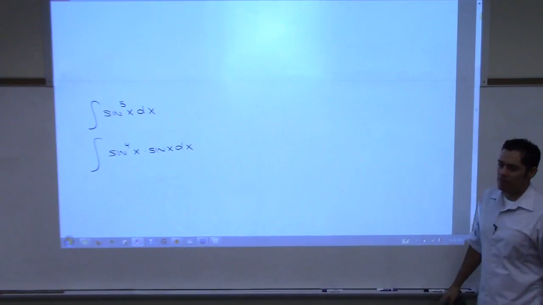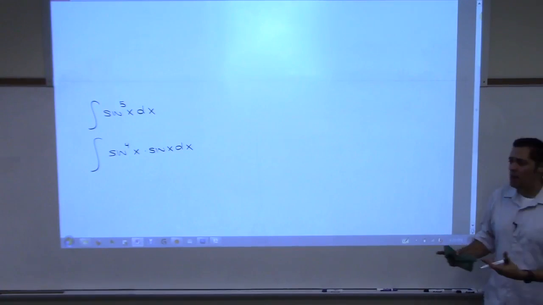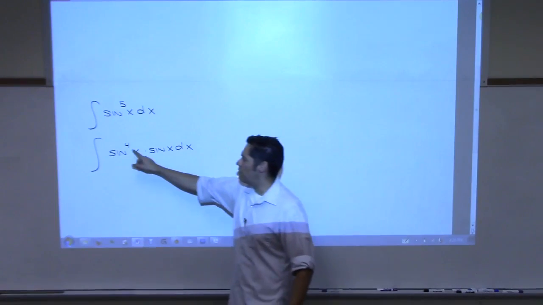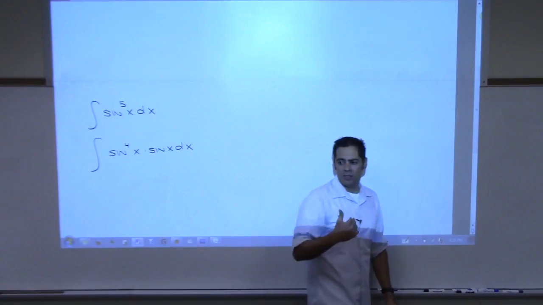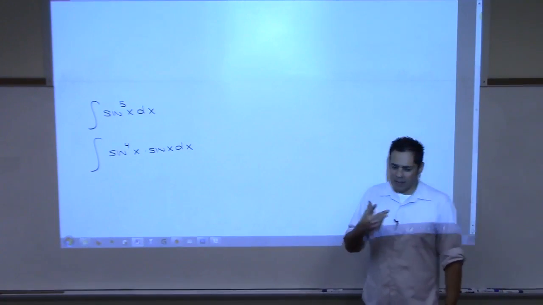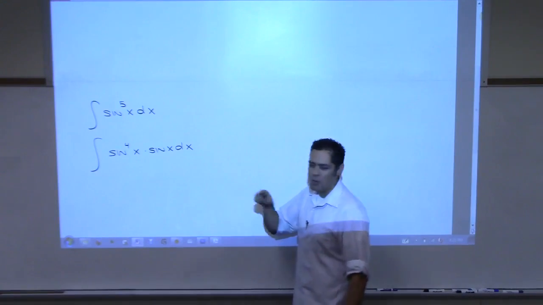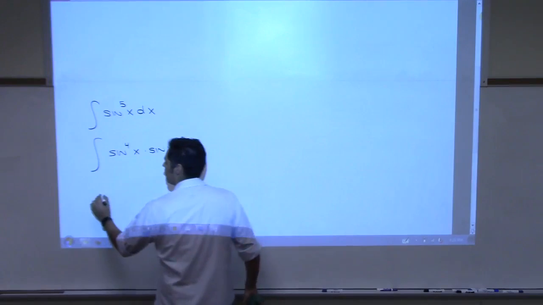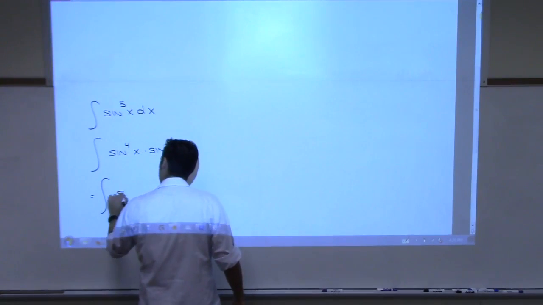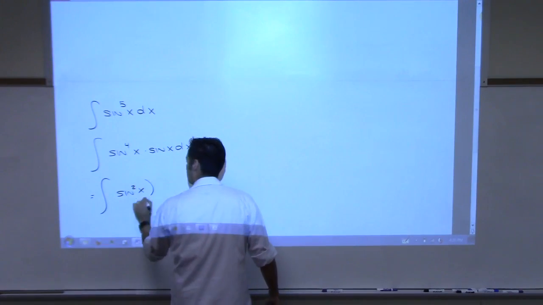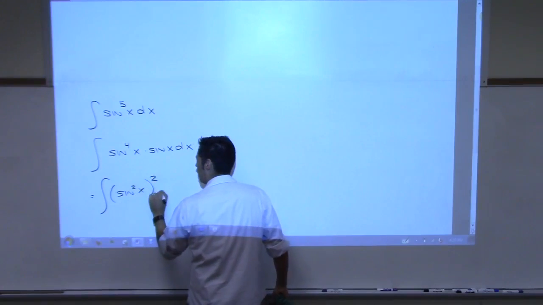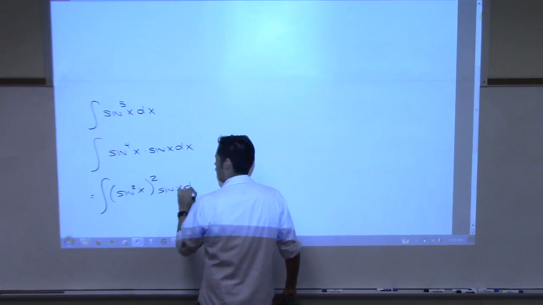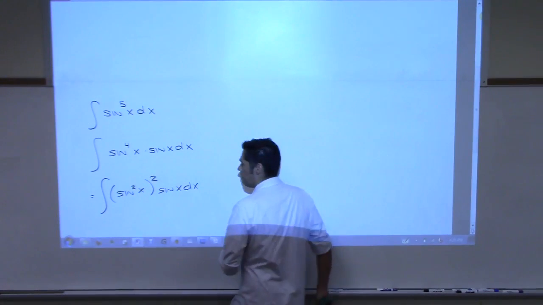Now, the last problem we had, this was a sine squared, right? So we went right to 1 minus cosine squared. It's the same thing, but it's not going to be 1 minus cosine to the fourth, though, right? We actually have to look at this as being sine squared x, squared, which is the same thing, all right?